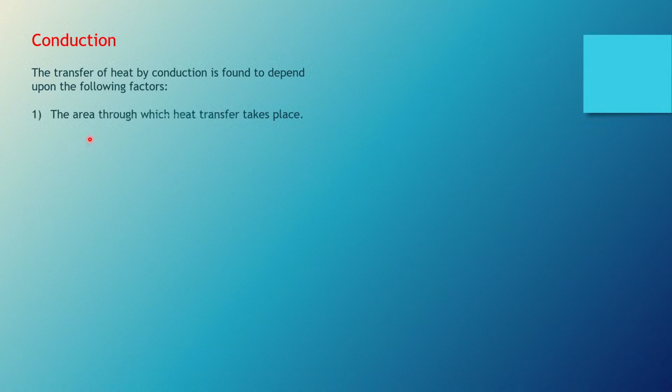First one, the area to which heat transfer takes place. The greater the area, the greater will be the rate of heat transfer. The smaller the area, the rate of heat transfer will be lower.